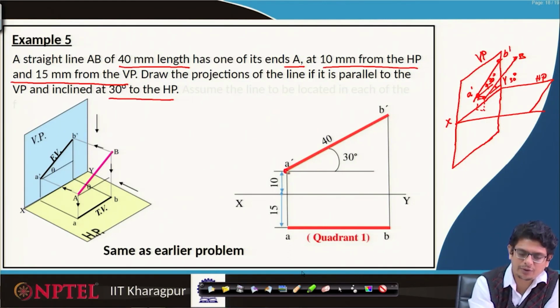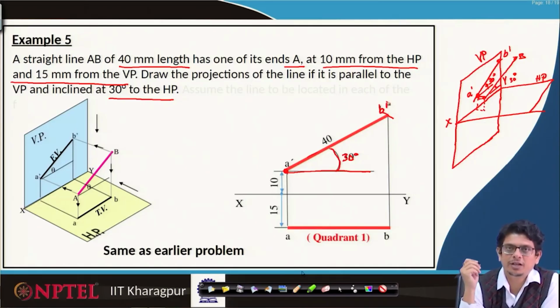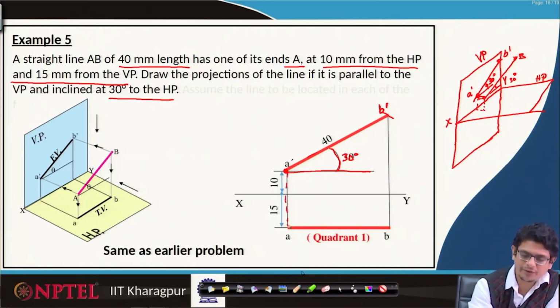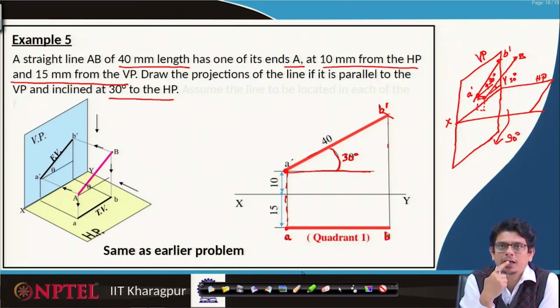So, first of all we have to construct about 30 mm, a horizontal line 30 degrees, and from there 40 degrees arc to make it B prime. Once it is done, project that all the way down, rotate this plane by 90 degrees clockwise, again 15 mm down. So, we can mark A, project B prime all the way down, so that we will get B. If this AB line is in the first quadrant, this is the solution what we should get.